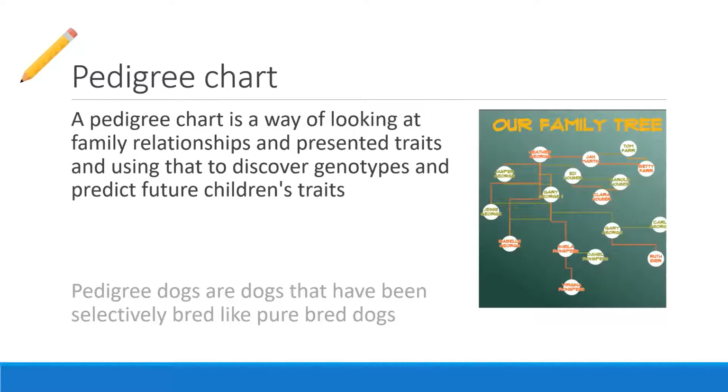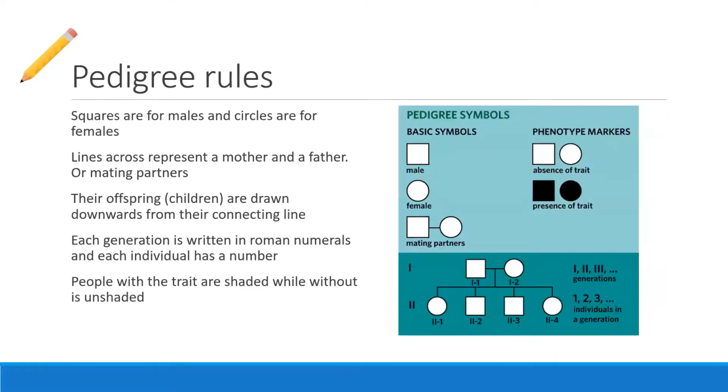This is why, for example, when women get tested for breast cancer, they pay attention to the rest of your family. You might have an auntie or a cousin or a grandmother that has breast cancer, even though your mum doesn't get it.